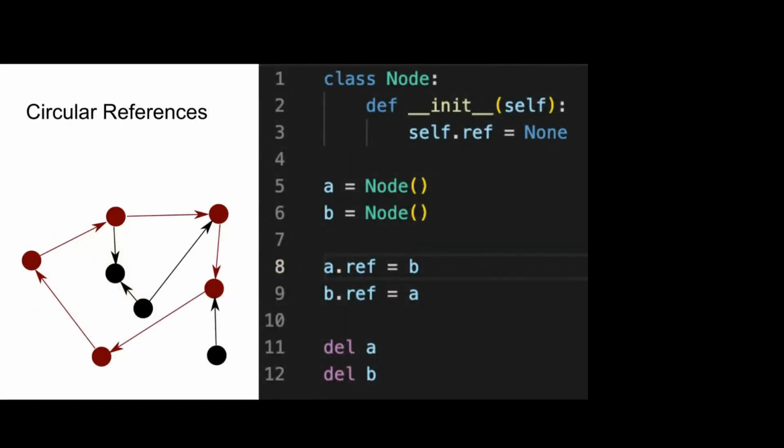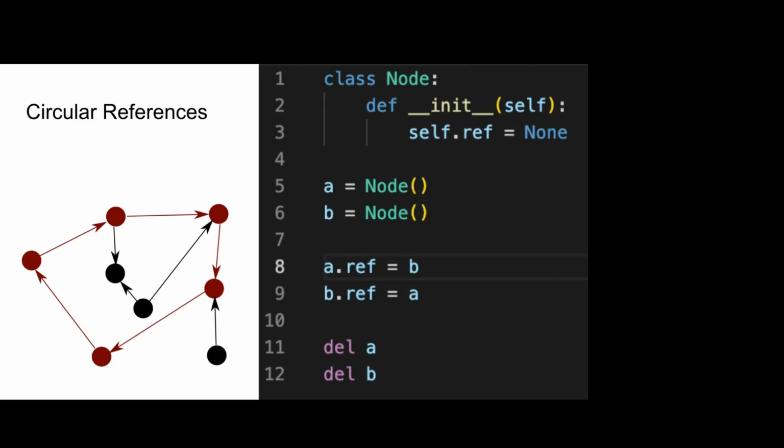So here's an example of a circular reference. We have a class Node, and A and B are defined as instances of that. We set A as B, and then B as A, and then delete the two.